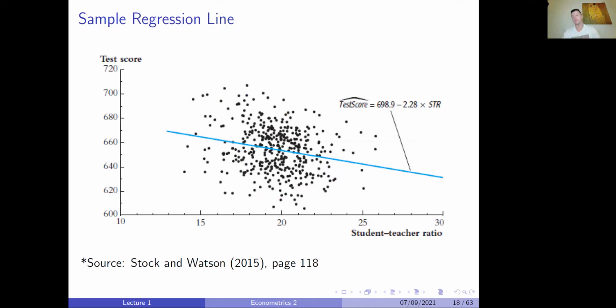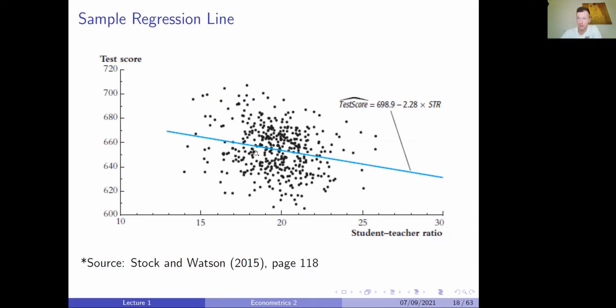So the estimated or sample regression line has the following form. It's test score hat equals 698.9 (rounded) minus 2.28 times student-teacher ratio. This is the estimated sample regression line.